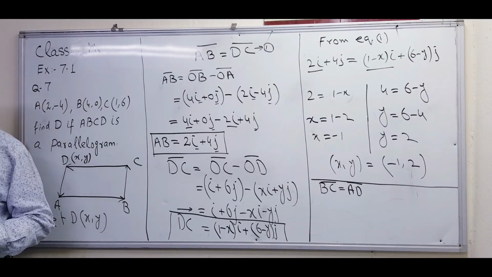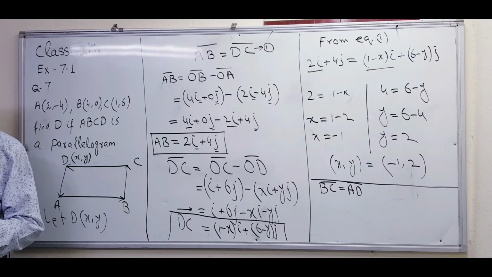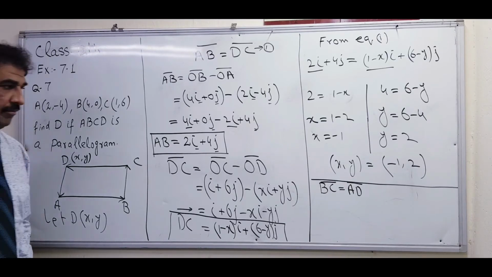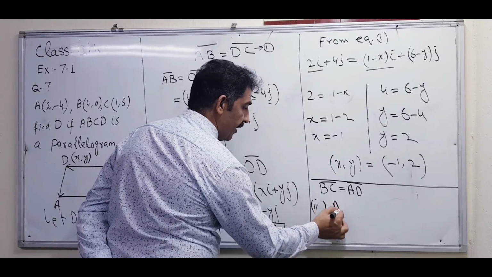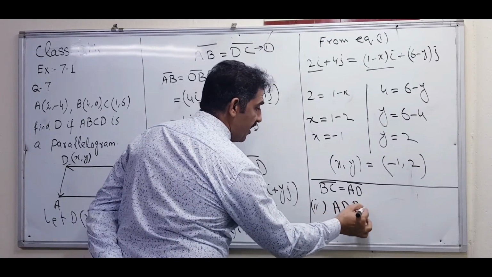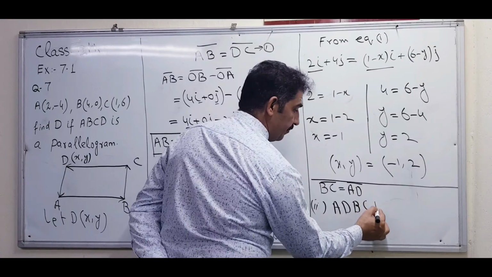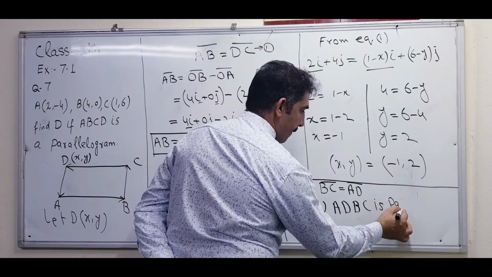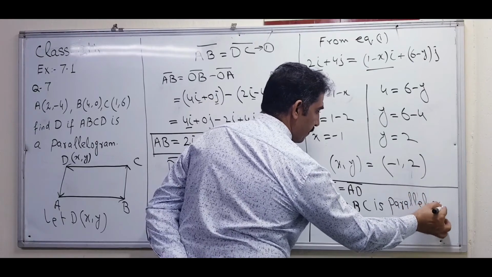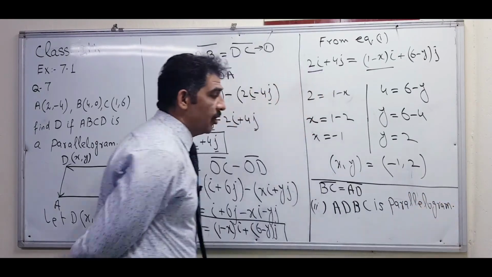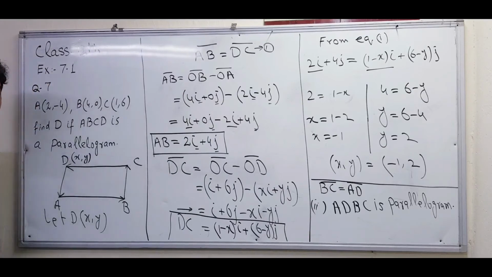Its second part says: if the diagram ADBC is a parallelogram. What is the second part of this question? ADBC is a parallelogram. So what is the difference between this and this question? Here he said ABCD is a parallelogram.